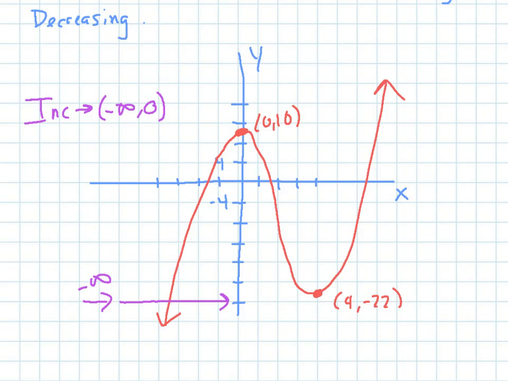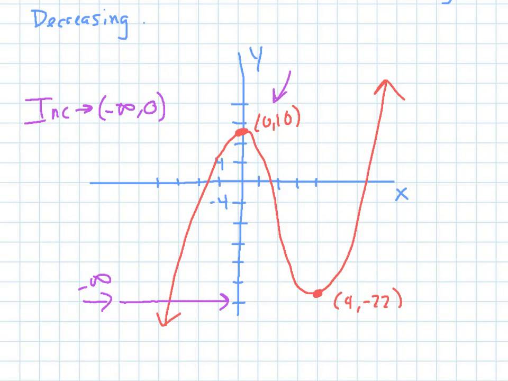I have a parenthesis next to the 0 because if we use some calculus terms here, if I took the derivative of this function at the point 0, 10, the derivative actually tells me the slope at any given point in my function.